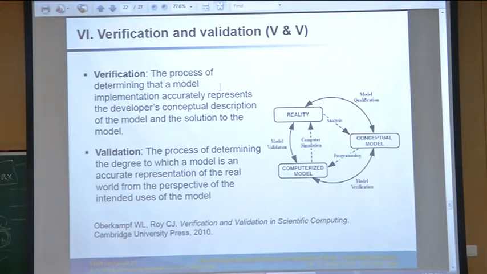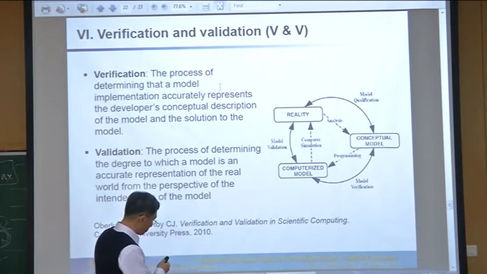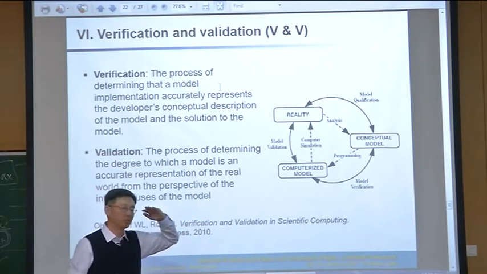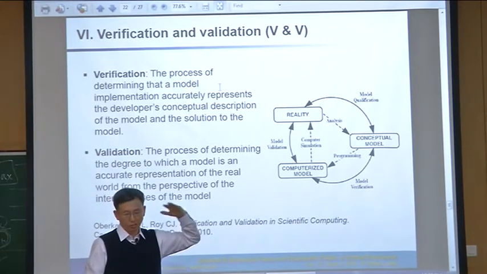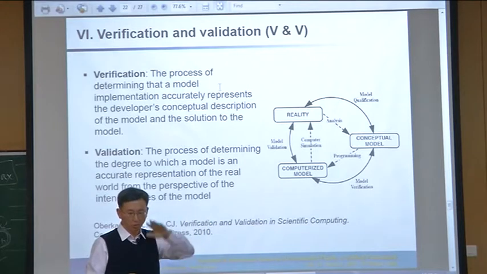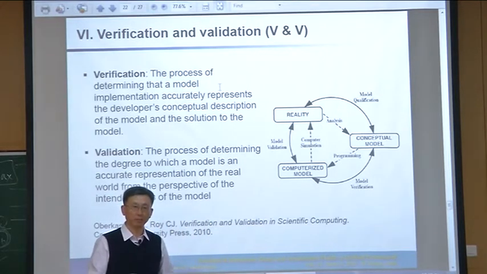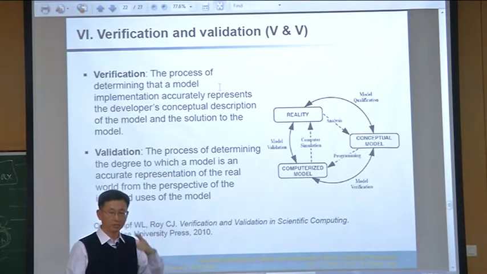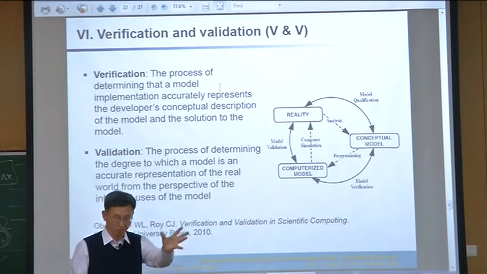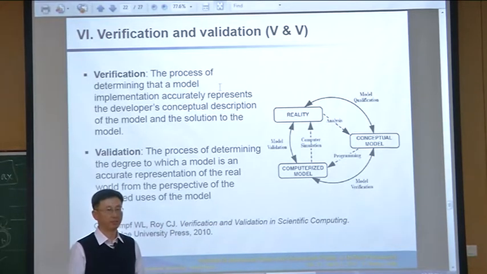Next is verification and validation. Verification is when there is an equation, there must be an exact solution, then you have a numerical solution, and comparing both is verification. Validation is not. Validation always compares with nature. They are different.